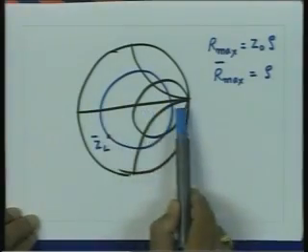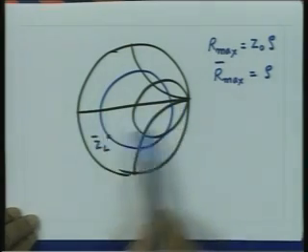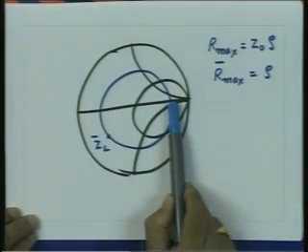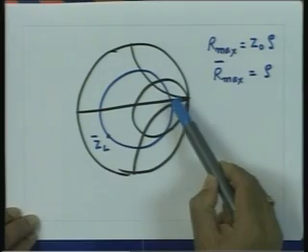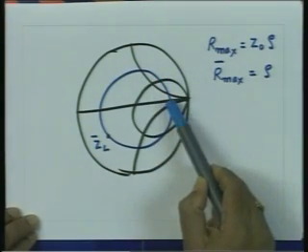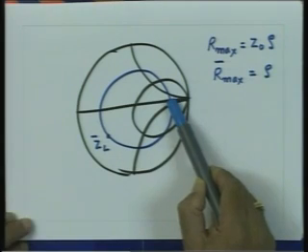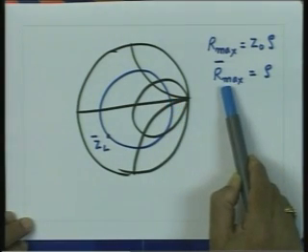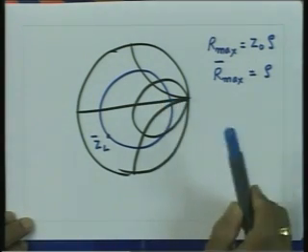Now, as we move on this circle, the highest value of resistance will be seen where this circle intersects this line. So, the rightmost point on this circle corresponds to an impedance which is R max normalized, and the reactance for that is 0.